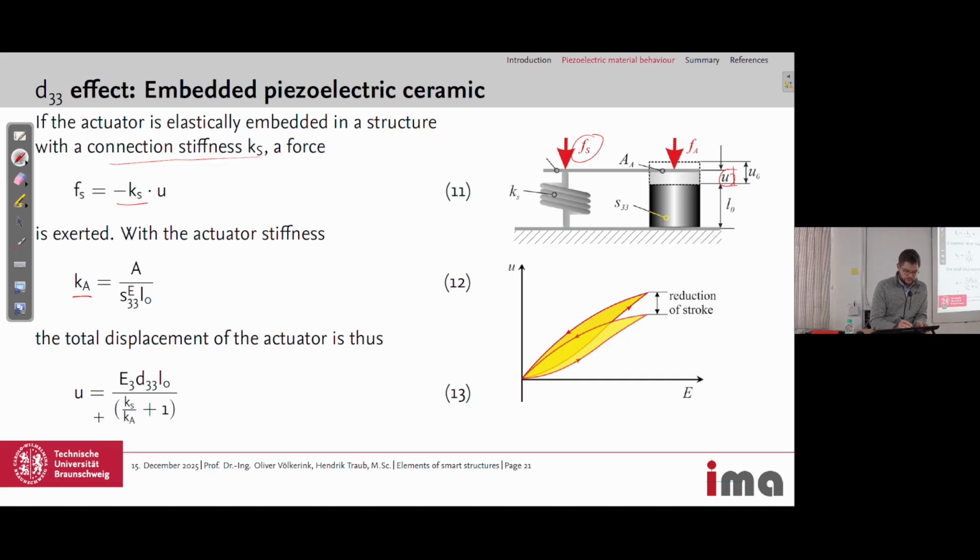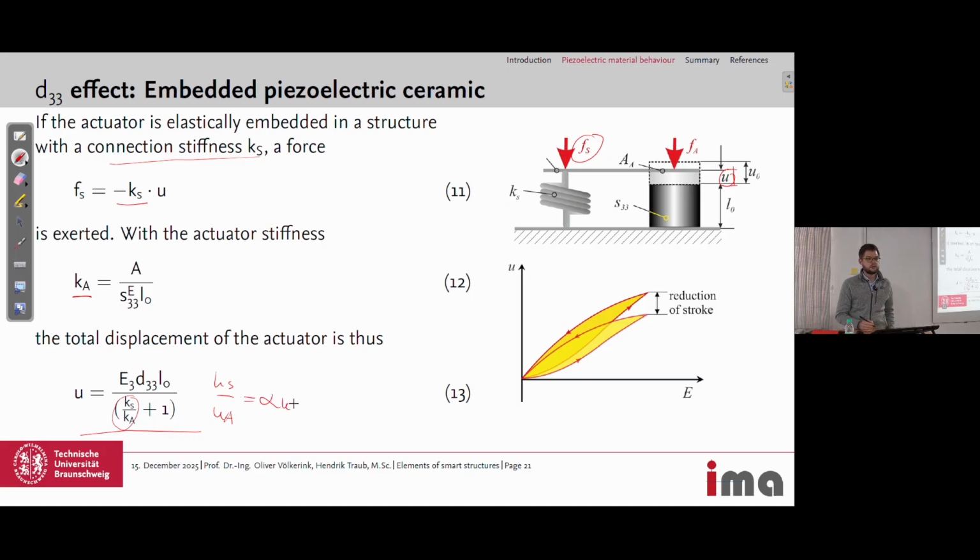And then we can get an equation for the total displacement of the actuator, which is then defined by the electric field, which causes the displacement of the actuator, and also the stiffness is here again, and these Ks divided by Ka is our alpha K again.